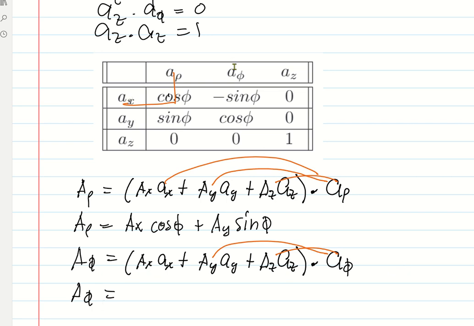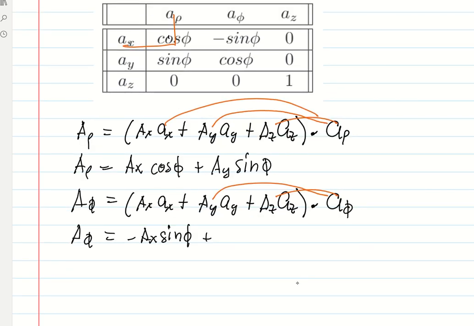Negative sine phi. So negative AX times that product, which is sine phi. Then plus AY dot AV. That's cosine phi. So this is AY times cosine phi. And again, AZ dot AV is equal to 0. So plus 0. So this will be our component at the phi direction.